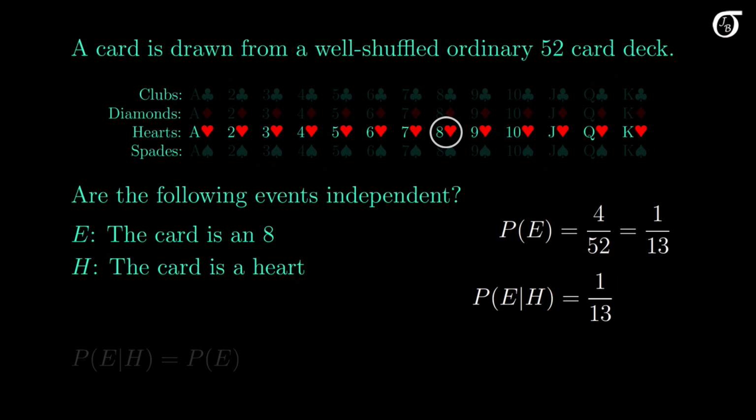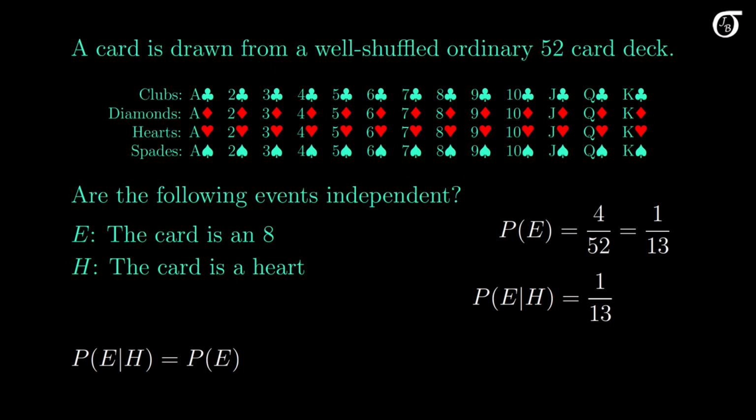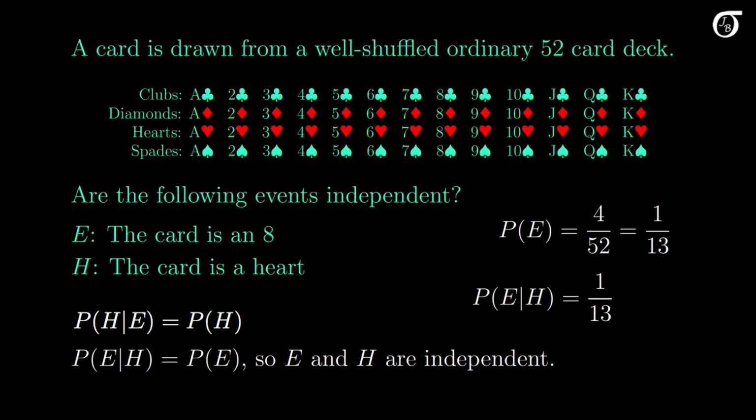And this is equal to the unconditional probability of drawing an 8. And thus drawing an 8 is independent of drawing a heart. The information that the card is a heart does not change the probability that it is an 8. And that also means the information the card is an 8 would not change the probability it is a heart. These two events are independent. Knowing that one occurs does not change the probability of the other.